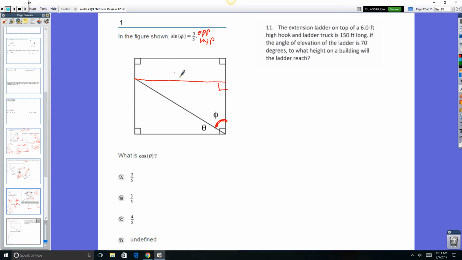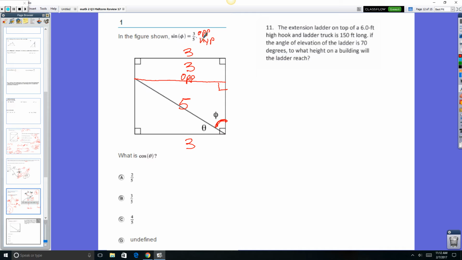So the opposite, this one is opposite. So this one is the 3, which means this is 3, which means this is 3. So some kind of a rectangle. And the hypotenuse would be this piece. So this piece right here is 5.